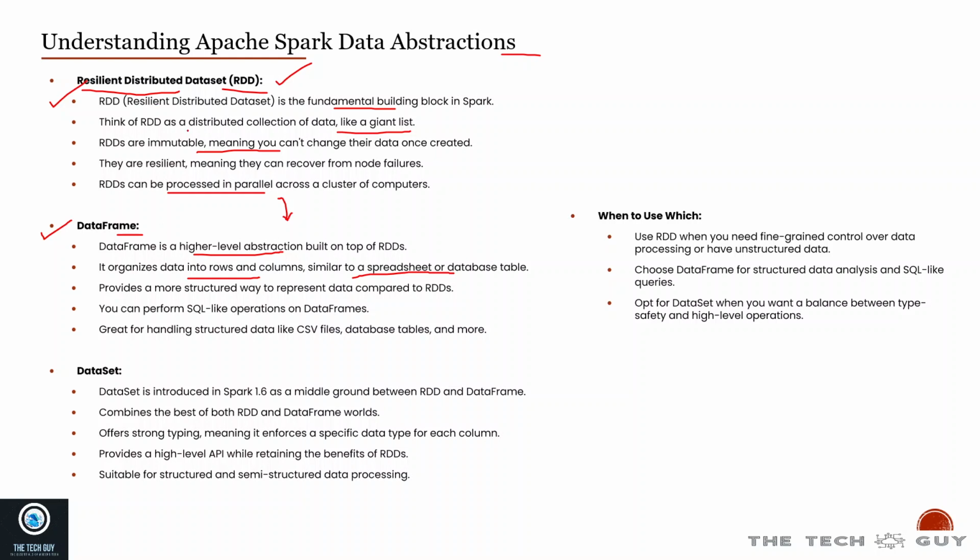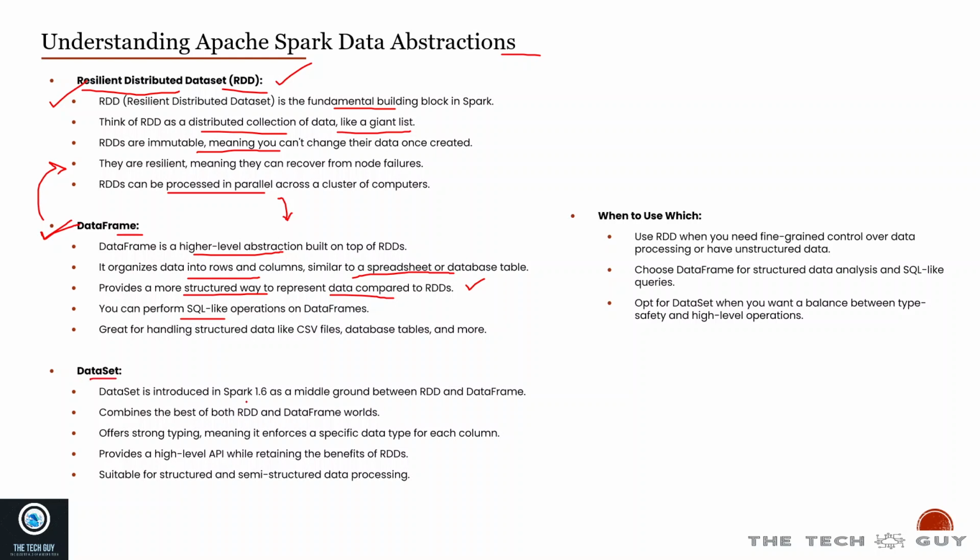Data in RDD, as I mentioned, is a distributed collection of data, whereas a data frame is a more structured way to represent data when compared to RDD. You can perform SQL-like queries in data frames, which is added functionality, and that is why you would sometimes prefer a data frame over RDD.